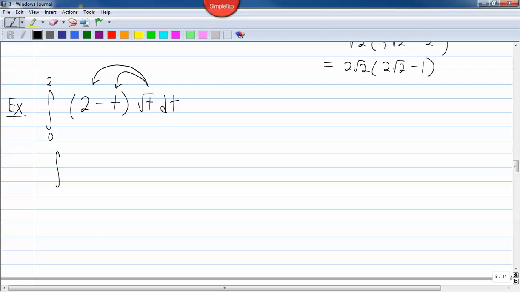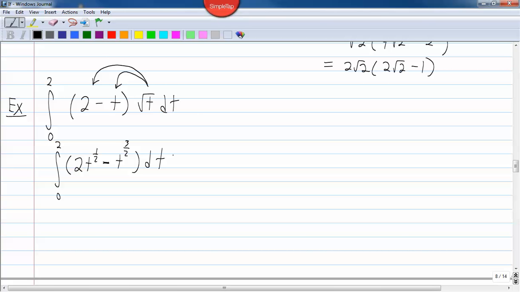Okay, so this is going to be the integral from 0 to 2 of, that's t to the 1/2 power times 2, so that's going to be 2 t to the 1/2 minus t to the first times t to the 1/2. Add the powers, so it's going to be t to the 3/2. 1 plus 1/2 is 3/2.